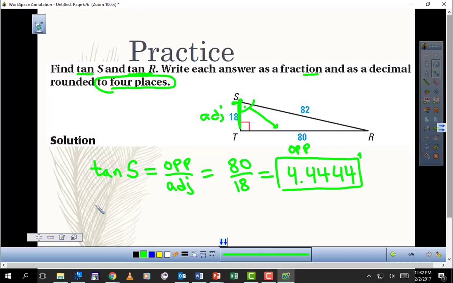Okay, now I'm going to use a different color pen to illustrate what is the tangent of R. Okay, so once again, it's equal to the opposite side over adjacent. So the question is, why can't I use these two numbers again?